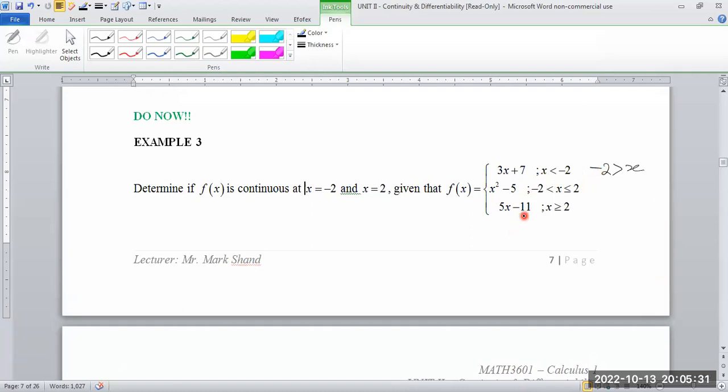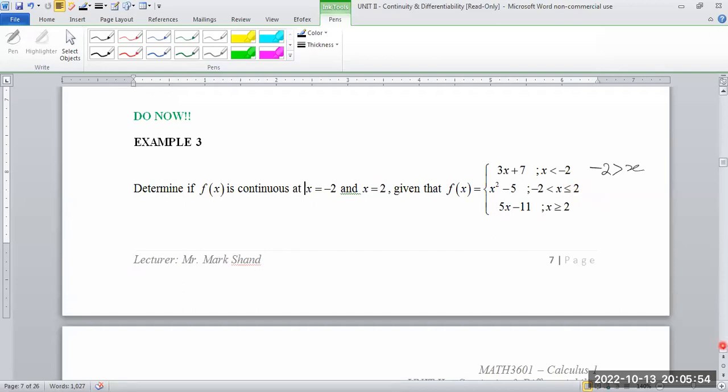Now I want to know which one moves to the left of -2 and which one moves to the right. Now the mere fact that this is x greater than or equal to, that means I want to move to the right, the 5x minus 11. And this one says x is less than or equals to 2. So once it's less than, it's to the left.